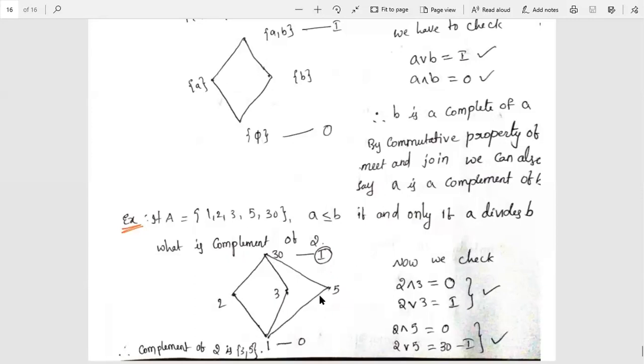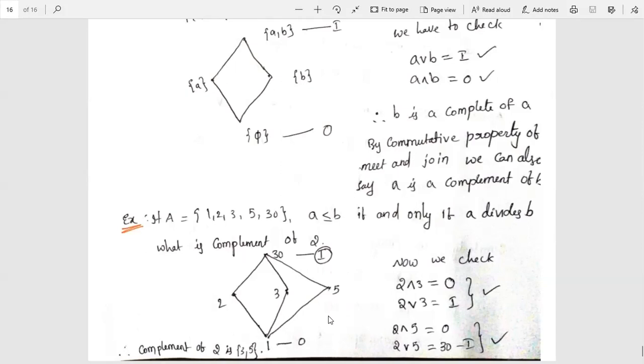We take another pair, 2 and 5. 2 meet 5 is the least element, 0, and 2 join 5 is the greatest element, I. So 2, 3 and 2, 5 satisfy these properties. From this we say that the complement of 2 is 3 and 5. In this example, 3 and 5 are the only complements of 2.